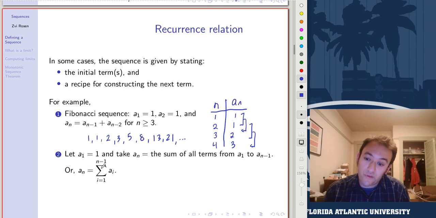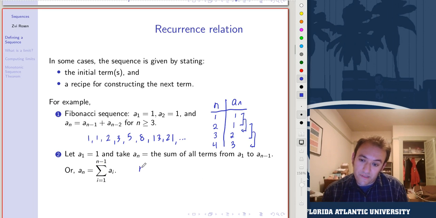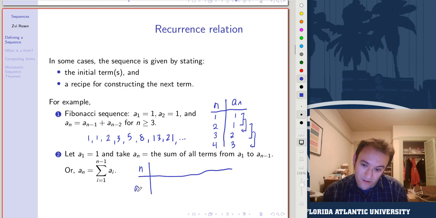Here's another example. If you let a1 equals 1, and you take a sub n to be the sum of all terms from a1 to an minus 1. Or another way of writing that would be an equals the sum from i equals 1 to n minus 1 of a sub i. So let's draw the chart this way. Might be a bit neater. Okay, so we know that the first term is 1.